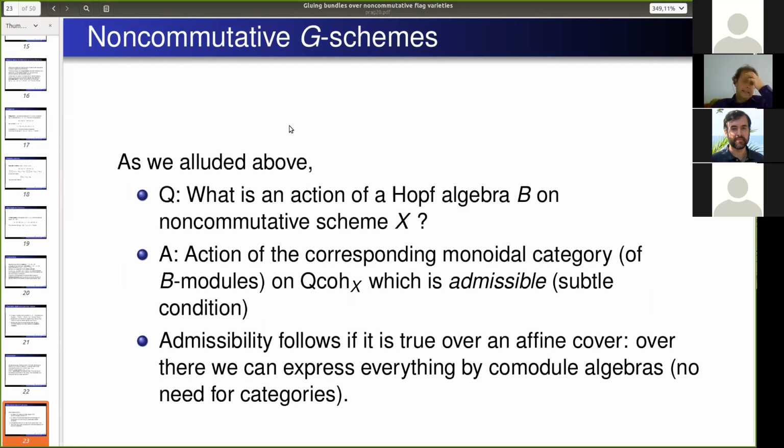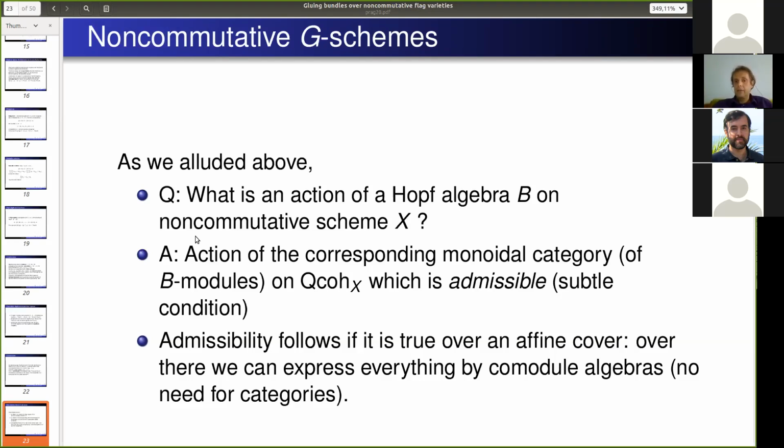Now, in the setup of G-schemes, up to now I was talking about what a G-space is in the case when this space is presented by a single algebra. It's like an affine scheme. What if it's given by gluing many categories, each of which is modules over some algebra, but you glue them into some bigger thing?